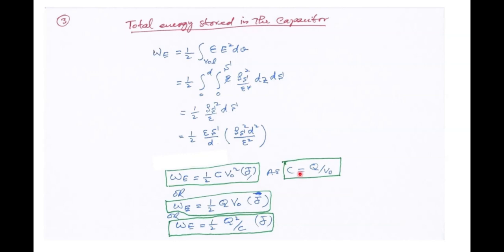So using this expression, we can write the total stored energy in a parallel plate capacitor either in terms of capacitance and potential difference, or total charge and potential difference, or total charge squared divided by capacitance. The unit of total energy stored in a capacitor is joule.